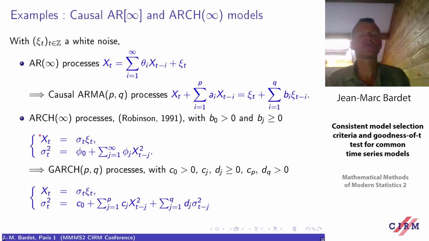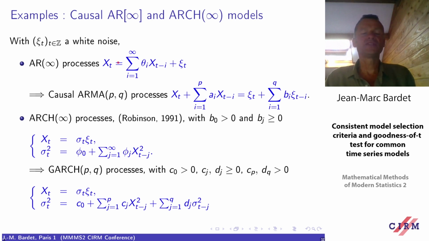We spoke before about ARMA processes, but ARMA processes could be generalized to AR infinite processes, defined in such a way that instead of finite linear combinations of past values, you define xt as an infinite linear combination of the past values of xt, and you add just the white noise.